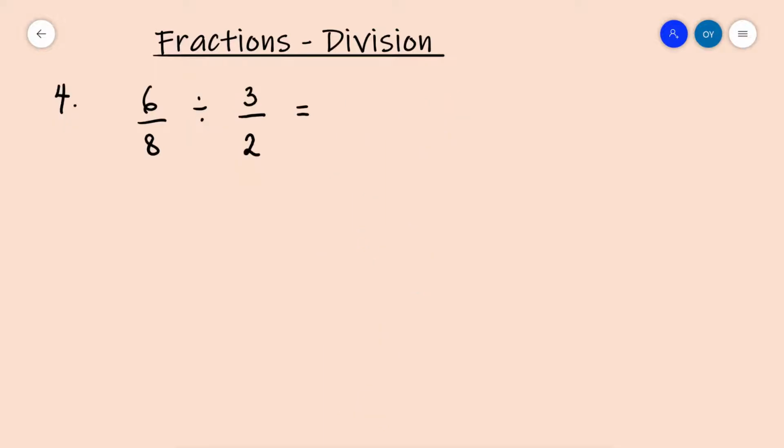Example number 4. 6/8 divide 3/2. This is 6/8 multiplied by 2/3. So we simplify further. We have 2 divide 2, 1. 8 divides 2, 4. Then 3 divides 3, 1. 6 divides 3, 2.